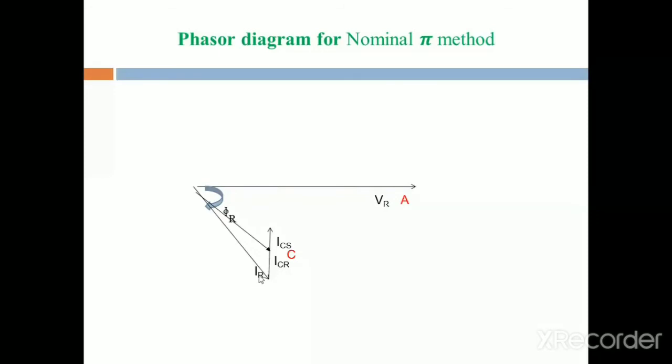By the sum of this IR and ICR, it is equal to the IL. The sum of ICR and IR is equal to the IL. This is the IL.